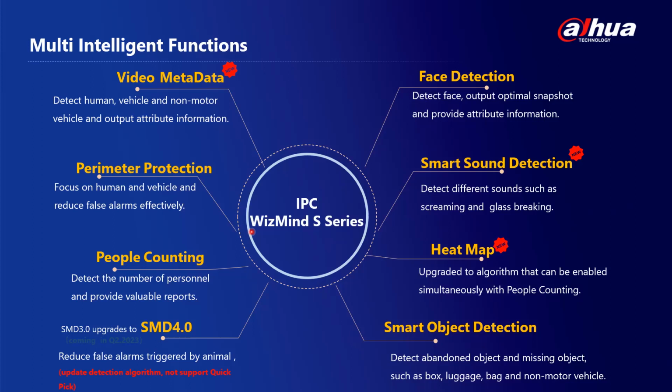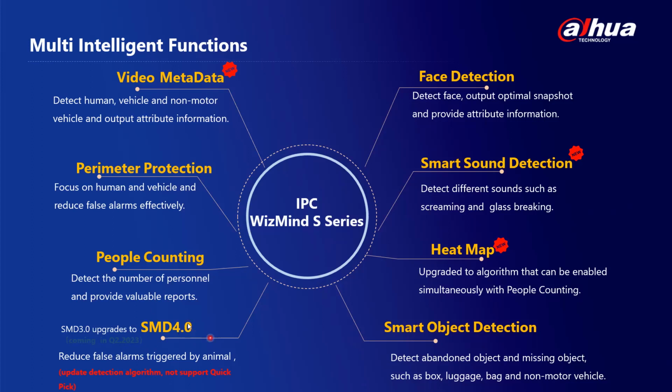Its smart motion detection ability has been enhanced from smart motion detection version 3.0 to 4.0. The difference is basically the quality in terms of accuracy, from 98% to 99% effectively.